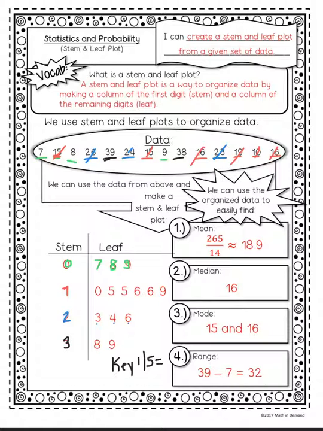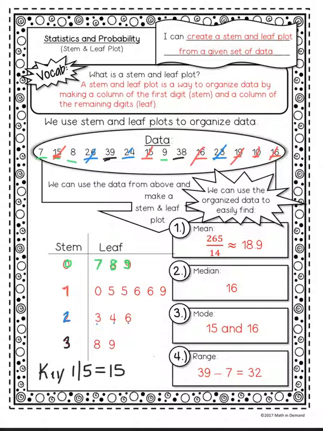I kind of made my key a little messy. Let me make it over here. So my key, I could say 1|5 equals 15, showing what my stem and leaf plot means.